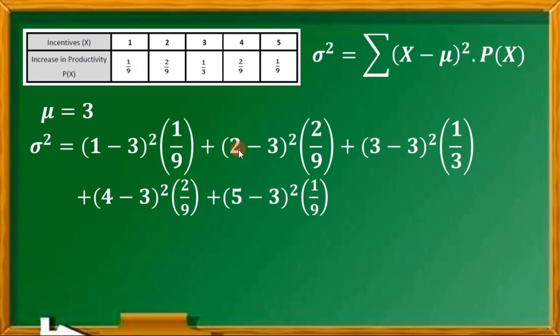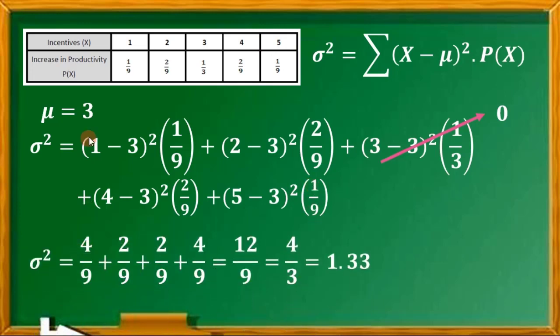Then we move on. If x is 2, minus 3, square that, times 2/9. Plus 3 minus 3 squared times 1/3, and this is automatically 0. Then plus 4 minus 3, the mean, square that, times 2/9. Then plus 5 minus 3 squared times 1/9.